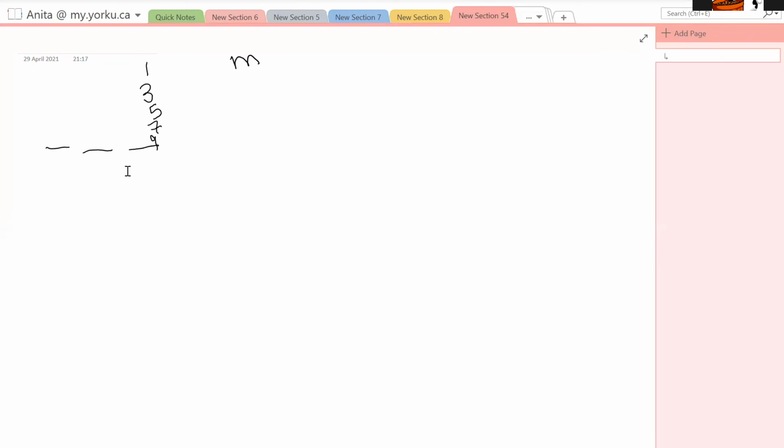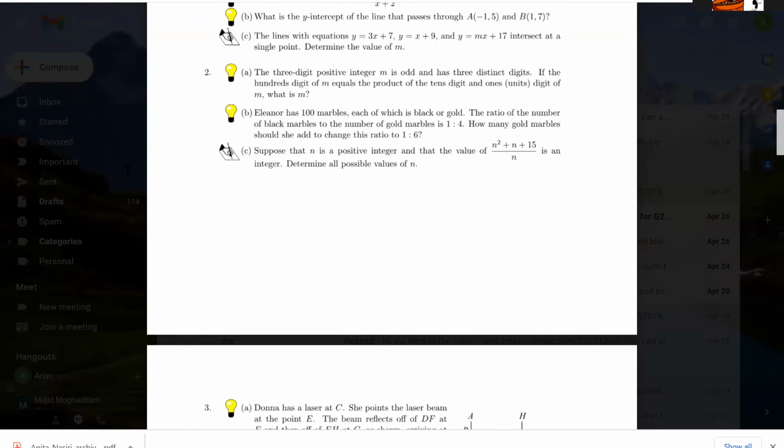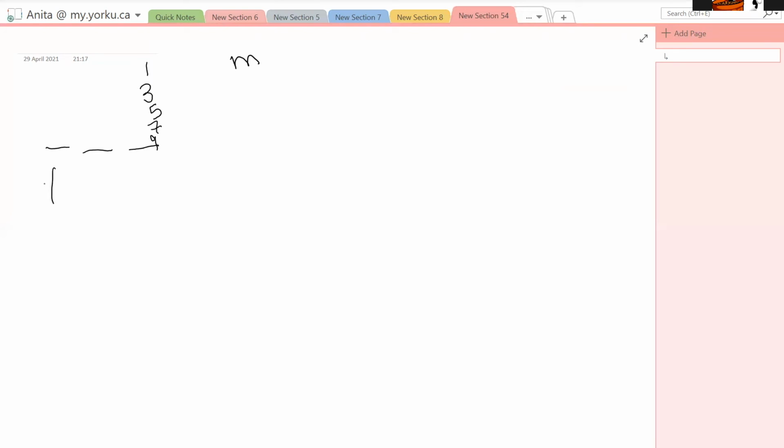Yes. Good. Let's continue. It says if the hundreds digit of m equals the product of the tens digit and ones digit. See here, this is called hundreds because, for example, with 125, the 1 is the hundreds, this is the tens, and this is the ones.